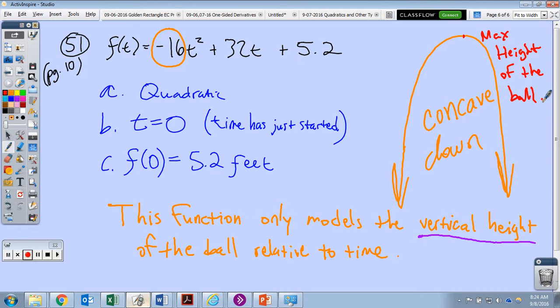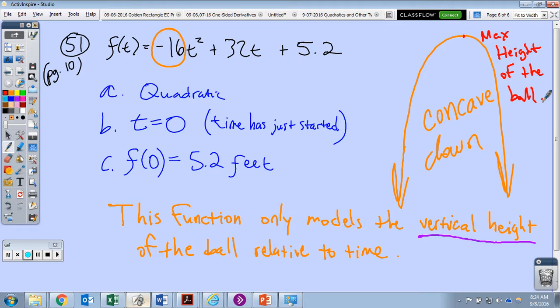The ball doesn't go up like this. The ball goes up like this, and then it speeds up on the way down. That's why it's this shape. It's because the rate of change of the ball going up and down is not constant. It's not constant because of gravity.